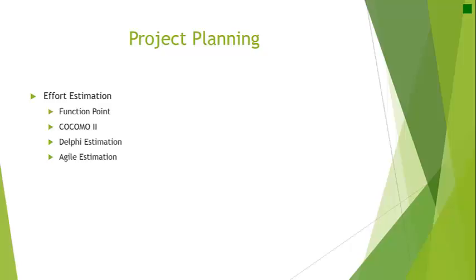The Delphi method involves a group of experts or experienced developers that each independently estimate the effort and then present their rationale for the estimates, and those steps are repeated until a consensus is reached. The Agile estimation, called poker planning, is a modified Delphi approach.